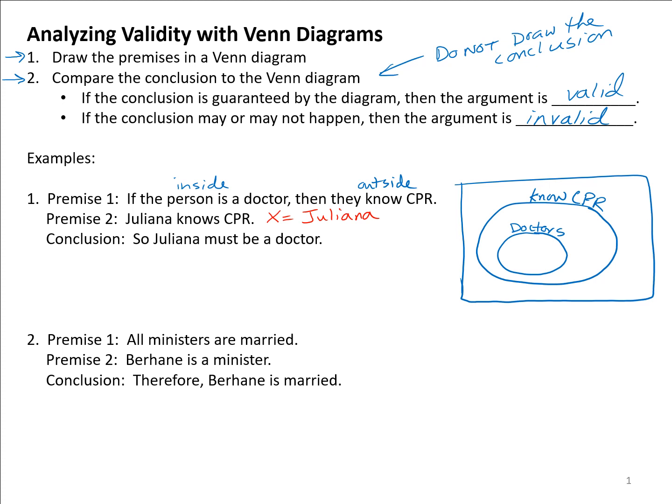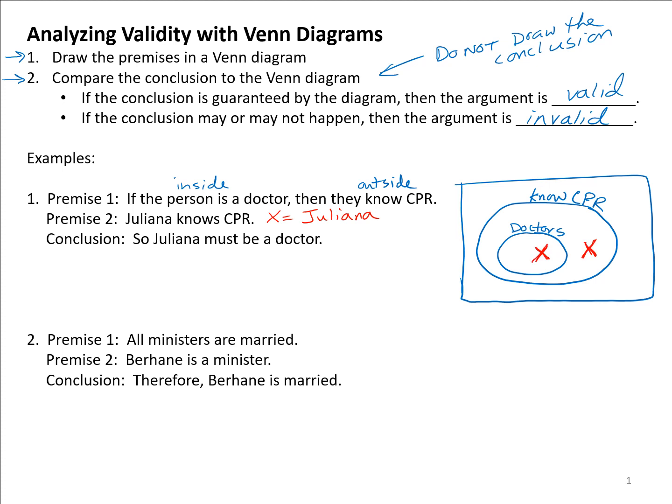Now, Juliana knows CPR. So we want to think about where the X would be. Well, we know it would have to be in the CPR circle. So that could be here. But remember, doctors are inside the know CPR circle, so actually the X could be here as well. So Juliana, as a person who knows CPR, could be in either of these regions within the know CPR circle.